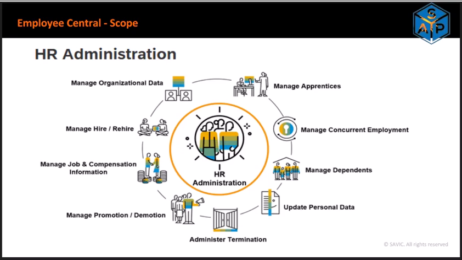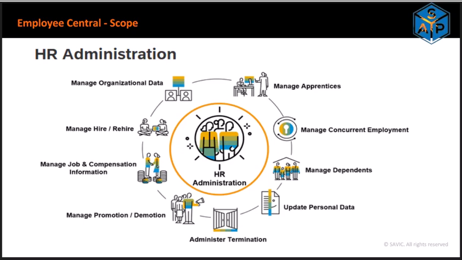Then the next scope we have is hire and rehire. When we are recruiting someone for the organization for the first time, it is considered a hire. But if any old employee wants to rejoin the organization after some time, it is considered a rehire.